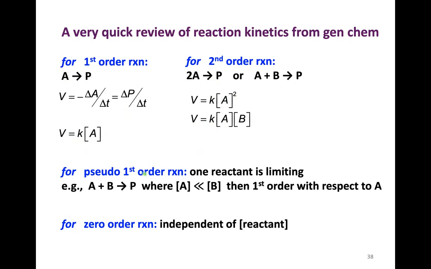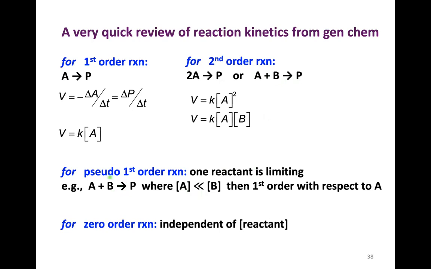If we have A plus B going to P, and one of the reactants' concentration is swamping out, is much higher than the other reactant, such that we have a limiting reagent of one of the reactants, then we can write the kinetics.